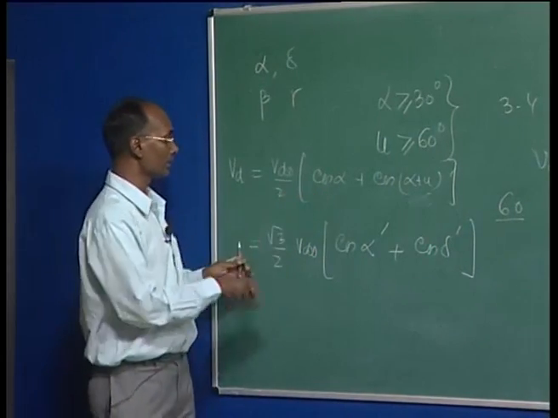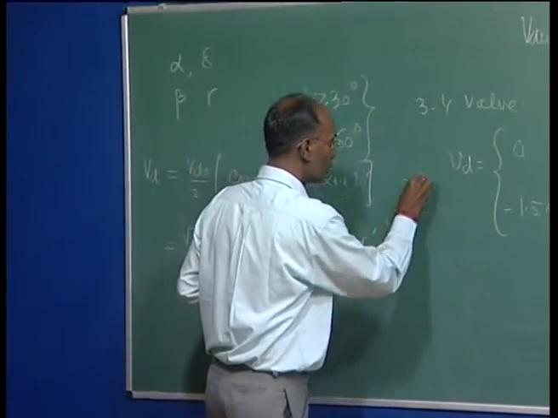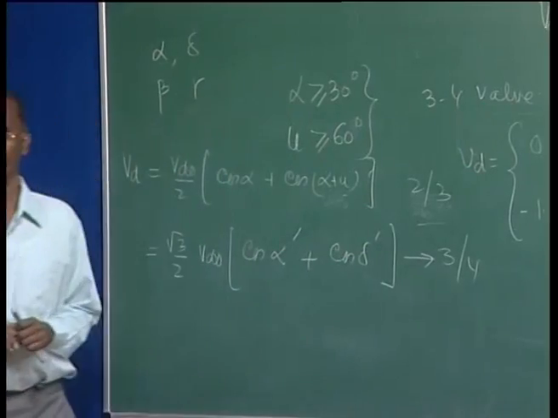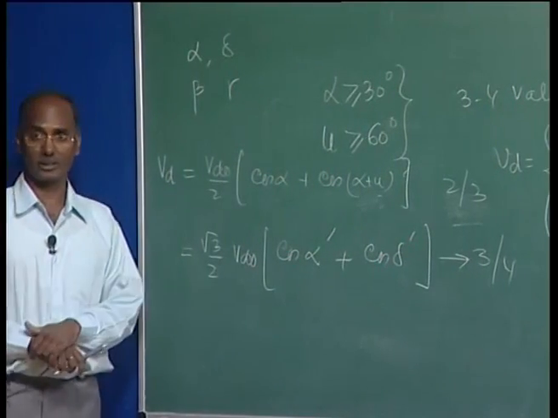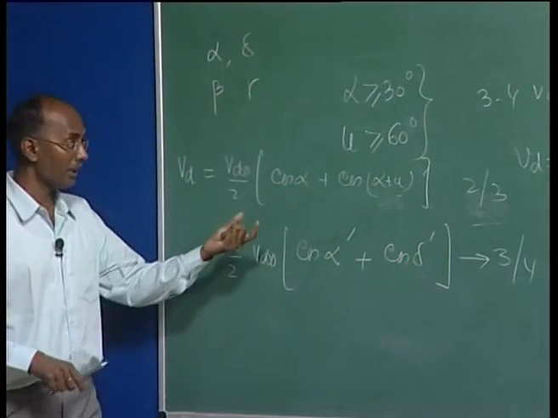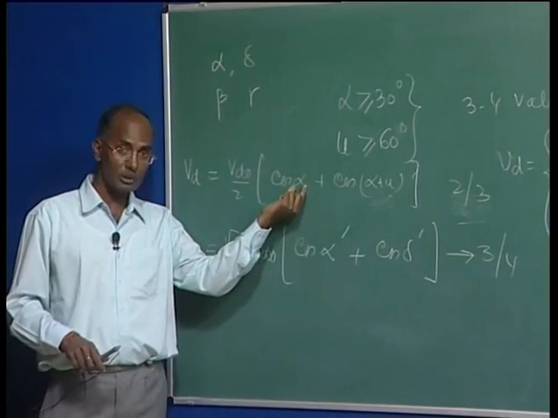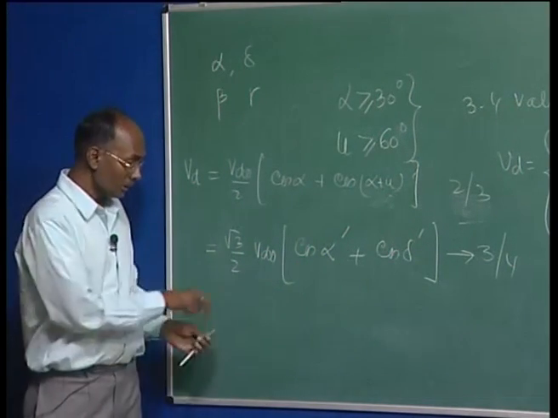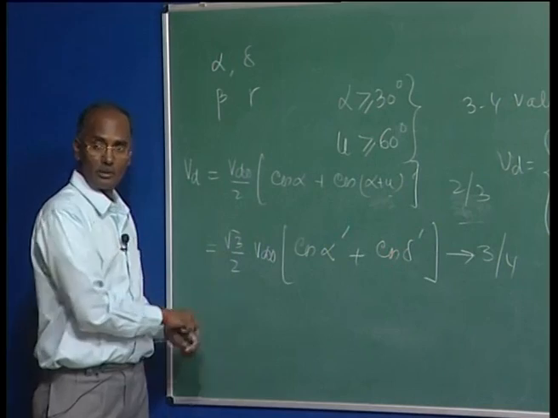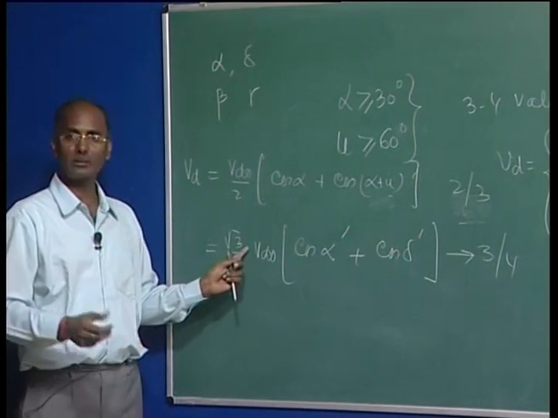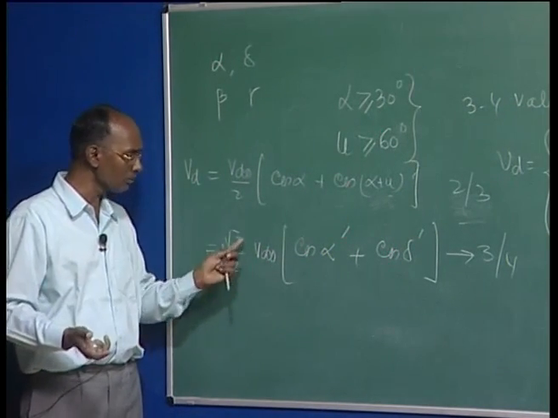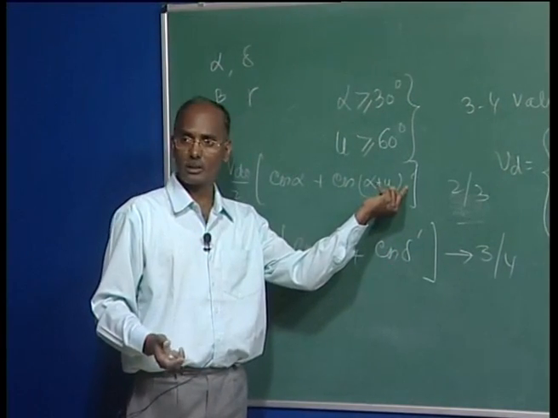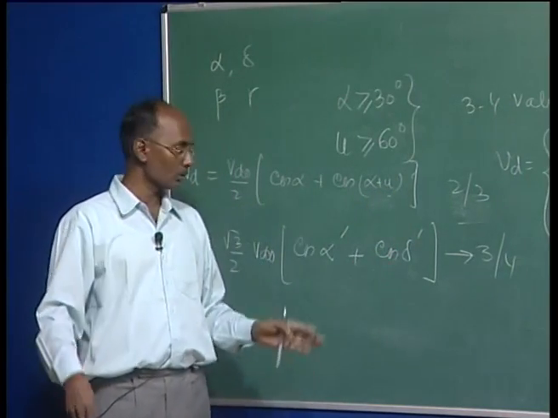This is the case when 2, 3 valves are conducting, and this is the case when 3 and 4 valves were conducting. Now you can see there is a huge voltage reduction, because even though alpha can be 0, here it cannot be. This value is less than unity: it is under root 3 divided by 2, and it is further delayed by 30 degree, so it goes down again.